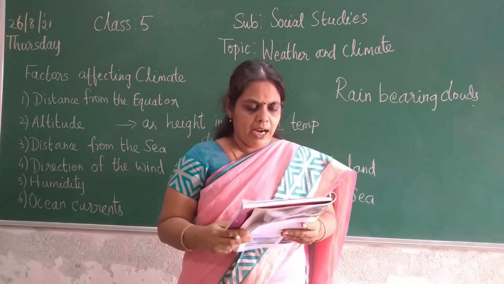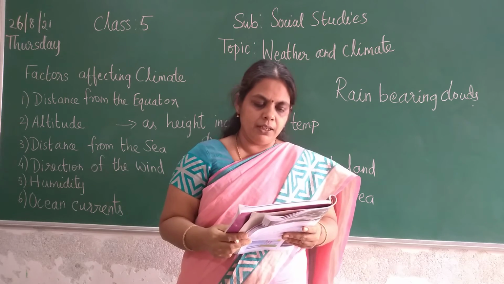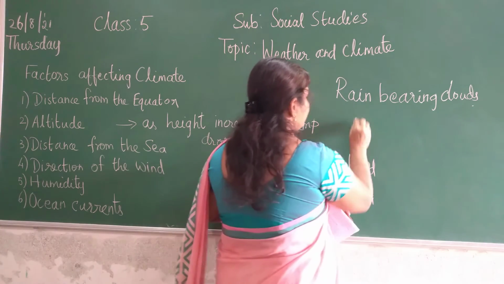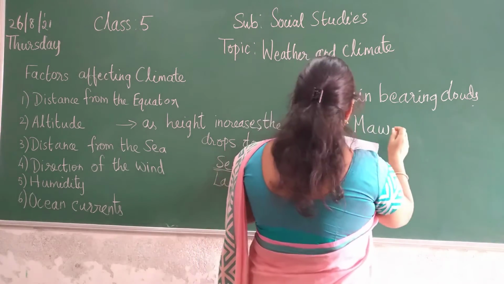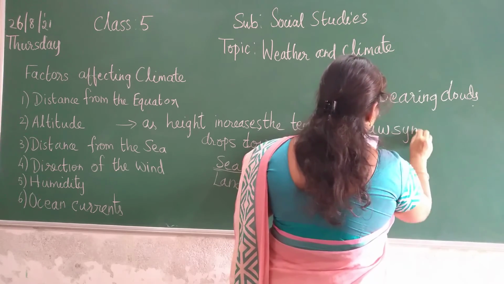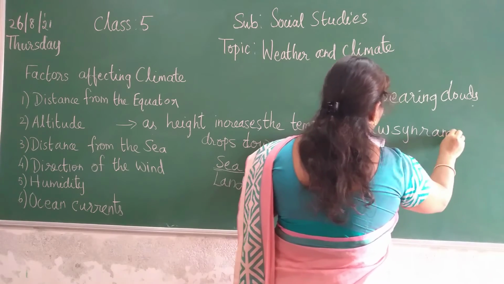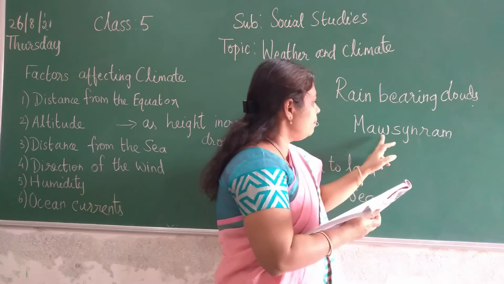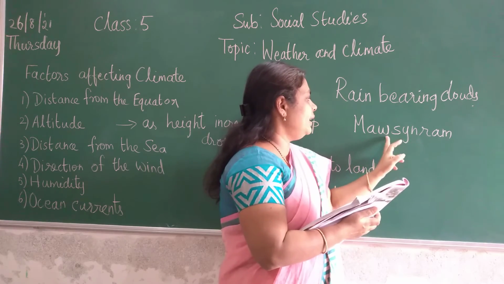And one more place is Mawsynram. We have discussed it also. This is the place where you get the world's heaviest rainfall, children. So you have to pronounce it as Mawsynram.